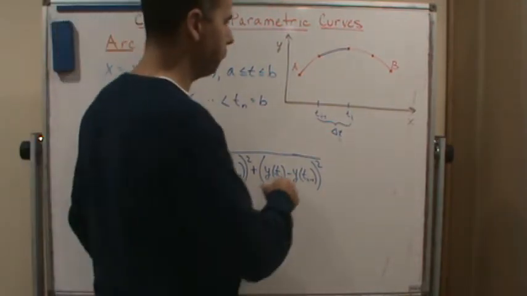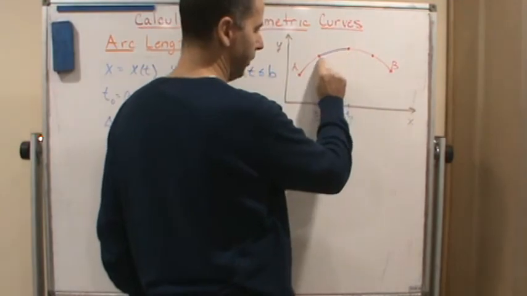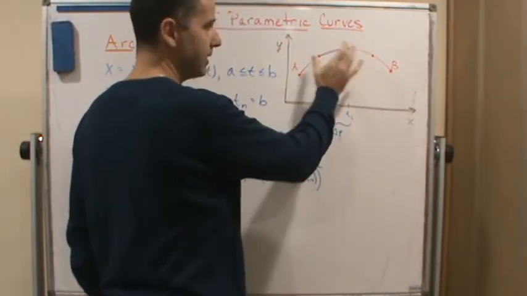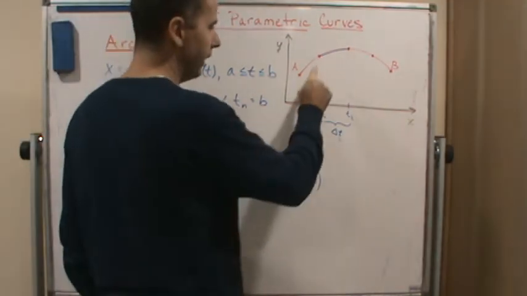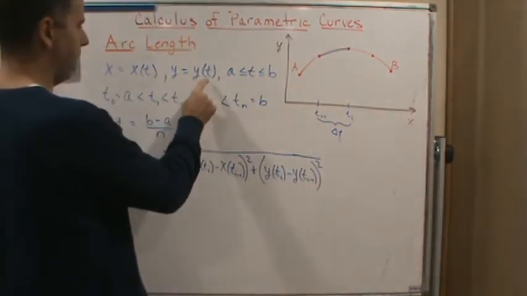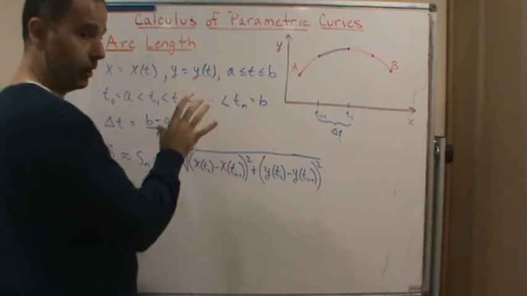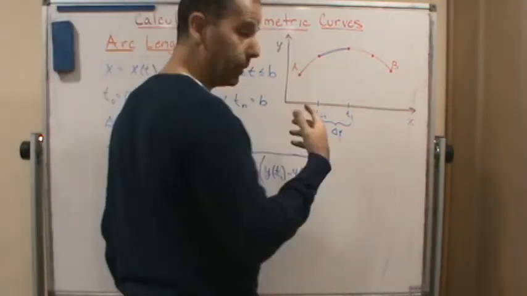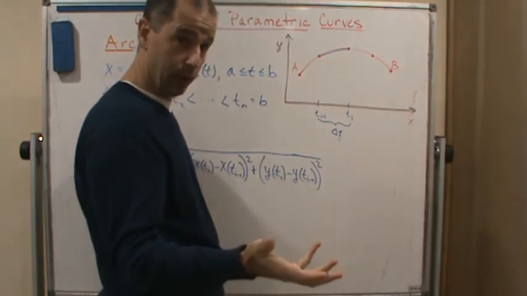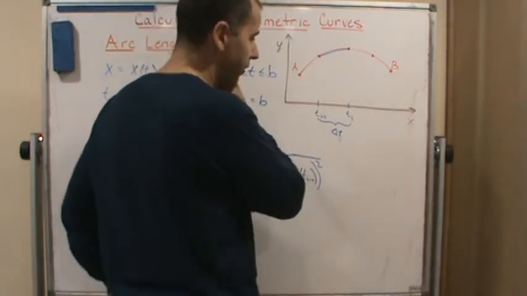So, for example, I have this line segment, which represents the approximate arc length that we're using. If y and x are differentiable functions of t, then we can apply the mean value theorem. What does it say?